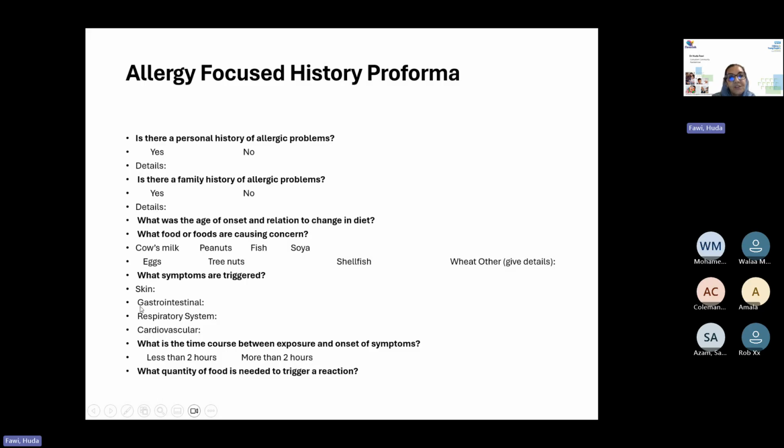So skin, GIT, respiratory, cardiovascular, and what time course between the exposure and onset of symptoms, and what quantities of food are needed to trigger a reaction. Have they eaten the whole omelette? Have they eaten the whole cake? Have they eaten the whole nut? And they were able to tolerate it, but in higher amounts they couldn't. So that's important to determine, again, the tolerance.